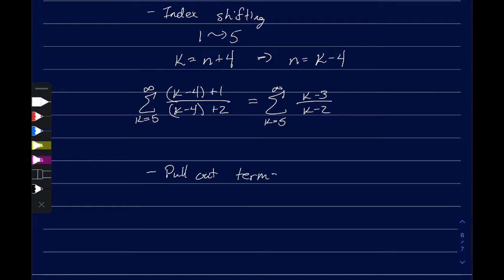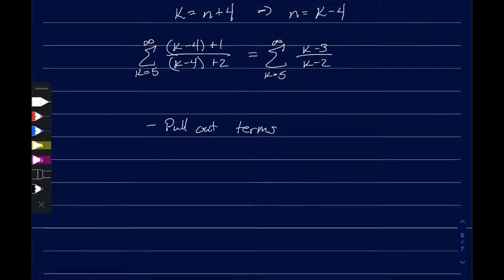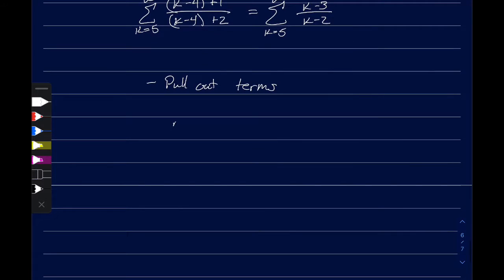The second way is we can pull out terms. And when we do that, remember we have (n plus 1) over (n plus 2), the sum as n goes from 0 to infinity. And we can just rewrite this as the first term, the second term, the third term, the fourth term, and then we'll have our sum with the fifth and beyond.